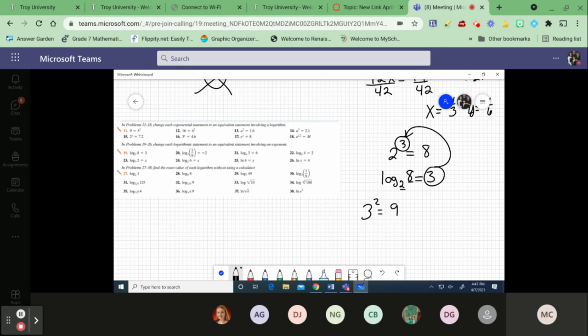As a logarithm, log base 3 of 9 equals 2. What it equals is that exponent.